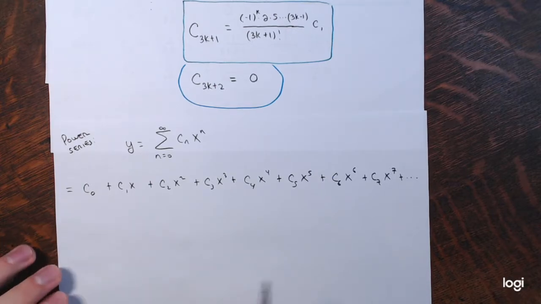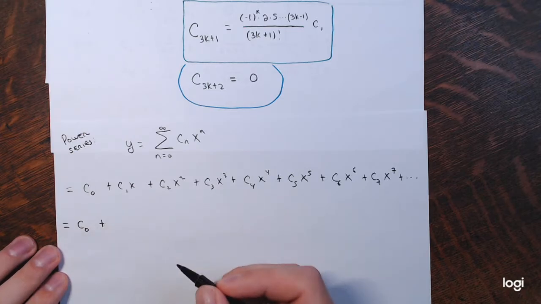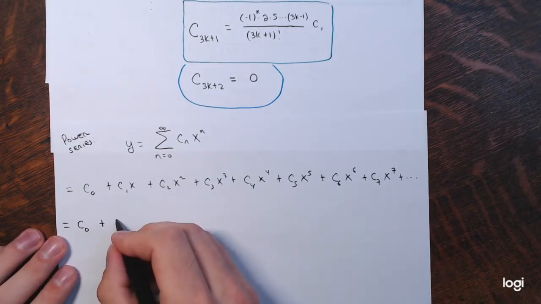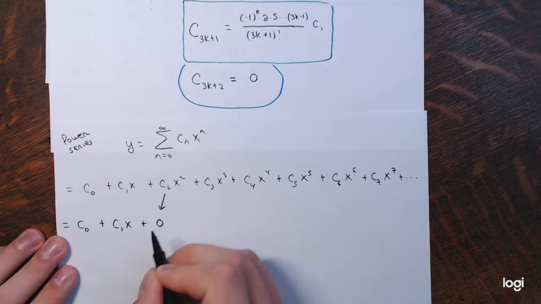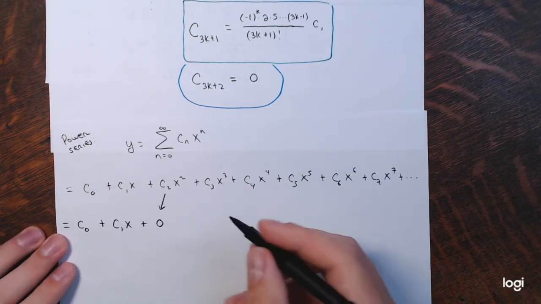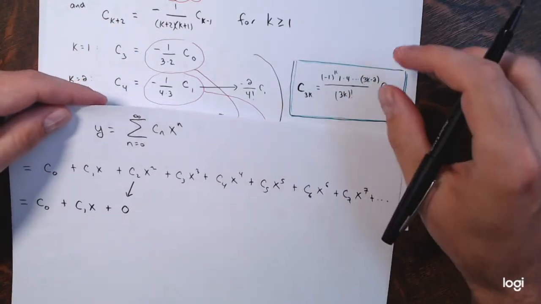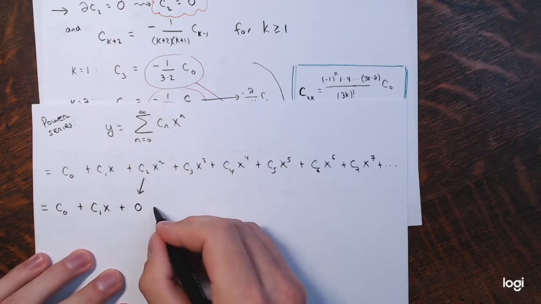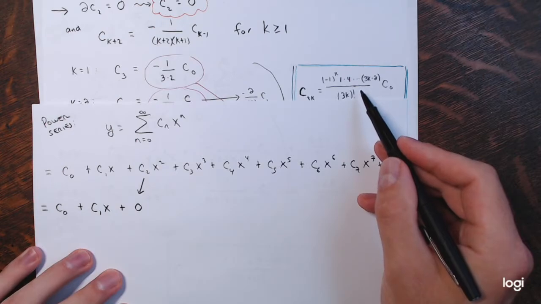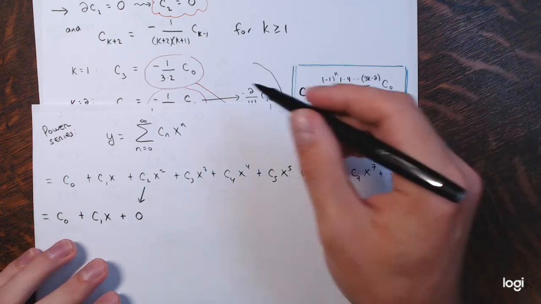All right. Now c0 is just c0. c1 is just c1, so c1x. c2, remember, is nothing. Now c3, right, c3 was this thing here. If you don't see the pattern, you can just write out the numbers themselves.